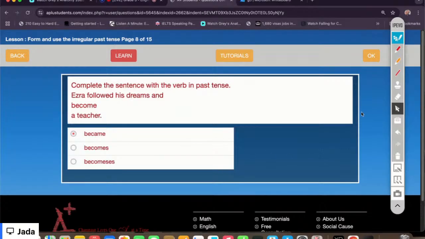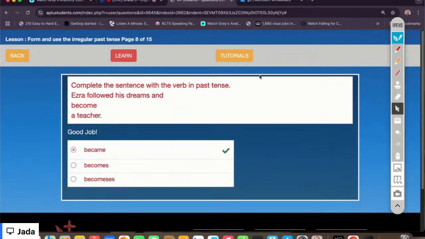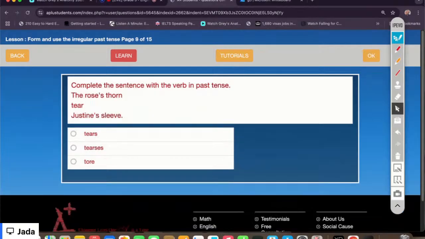So we have became. The roses tear Justin's sleeve. Tear, tears, or tore?